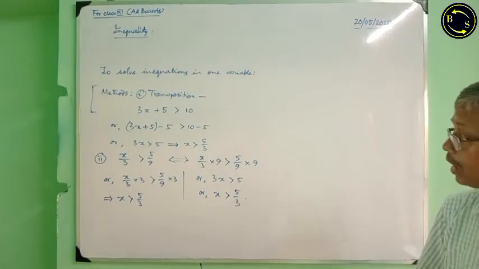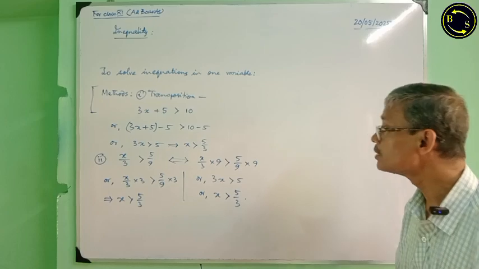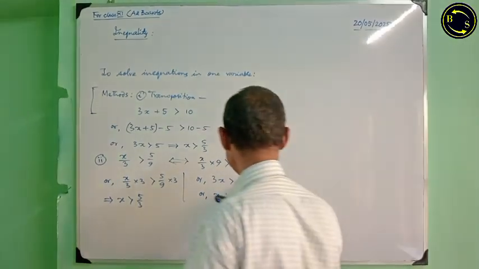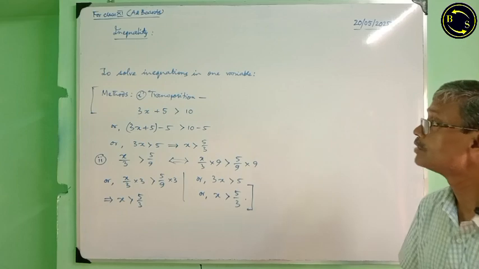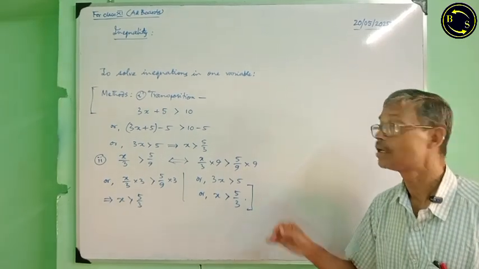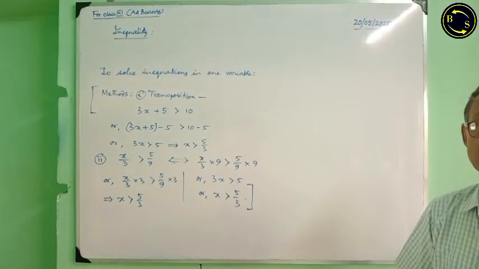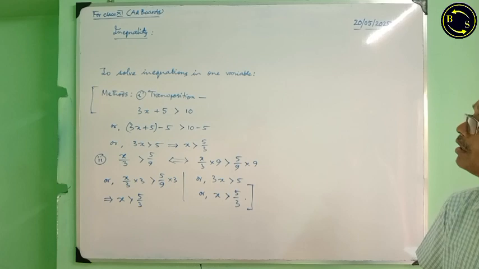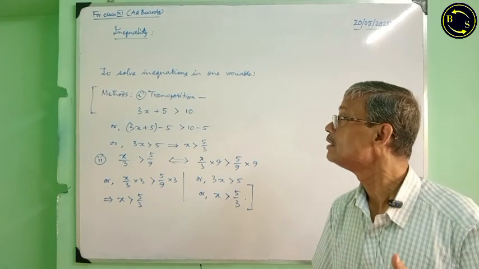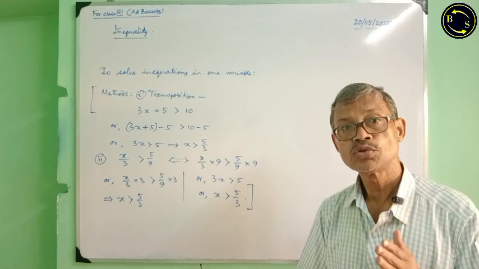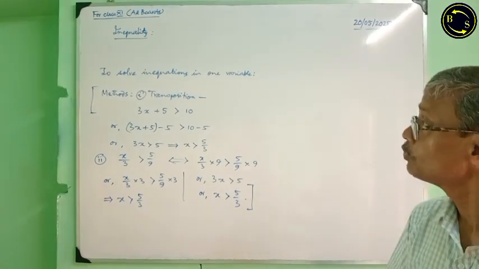Therefore, keeping in mind the properties discussed earlier about inequalities, we can easily solve the given inequation in one variable. A few are the same as those in the case of equations.